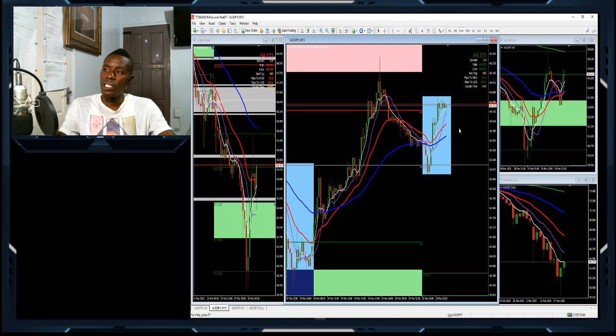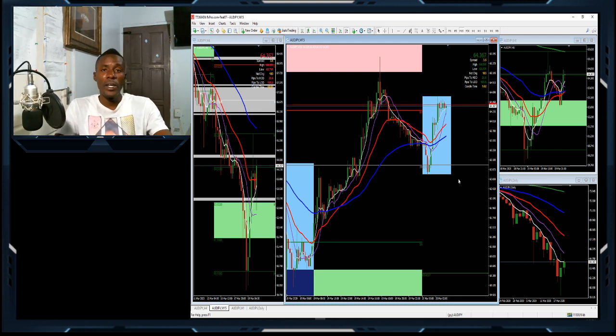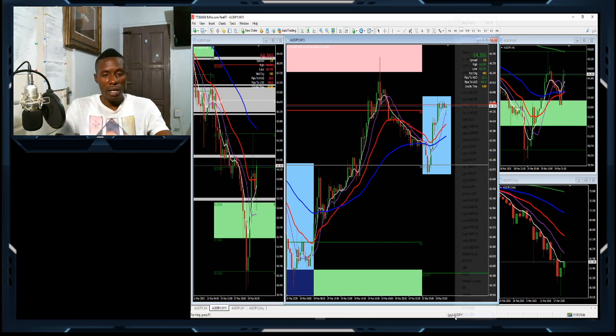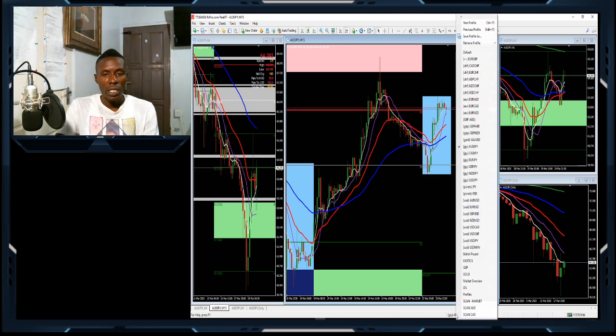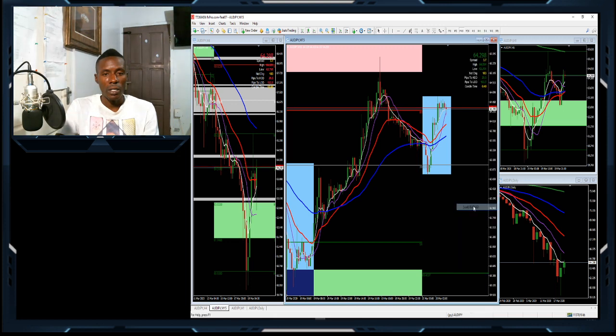So that is basically how I plan out my trade. But many traders get stuck in a 5-minute time frame, so other traders don't get the bigger picture, what's going on in the bigger picture, right?